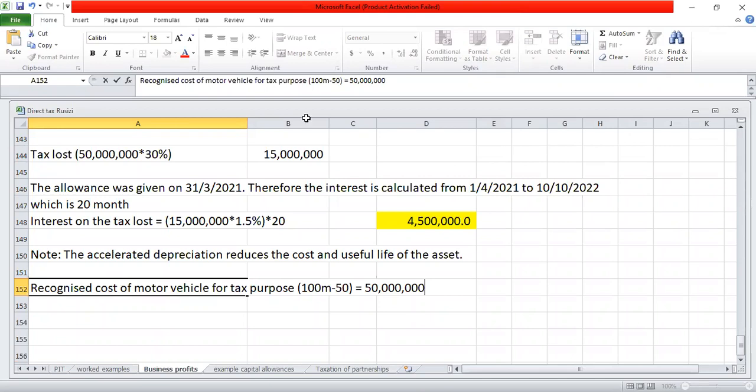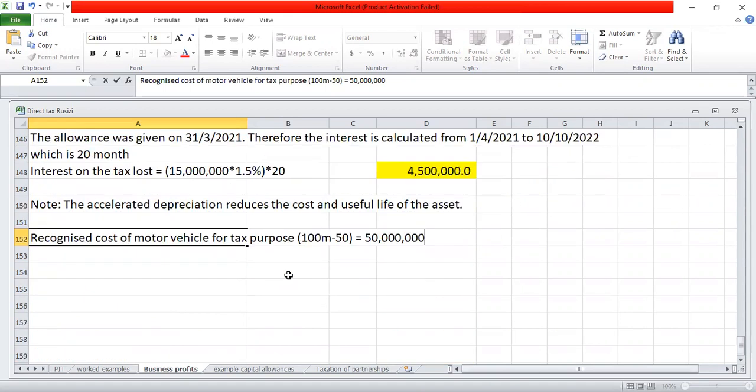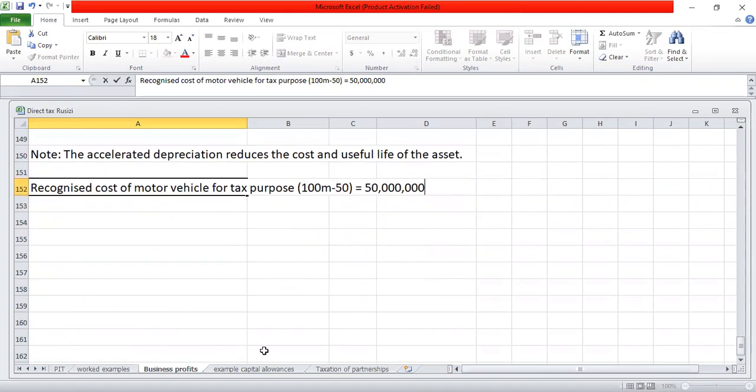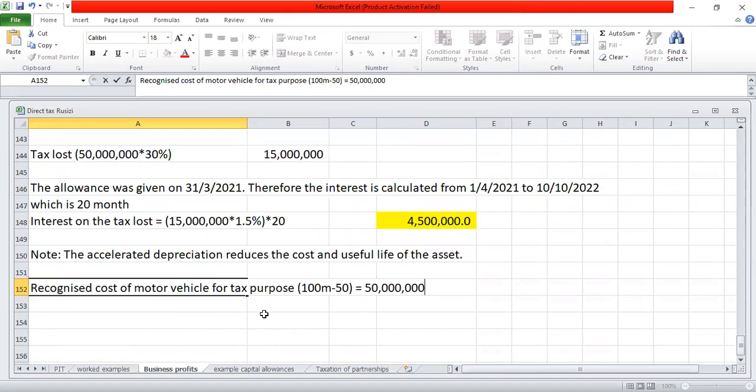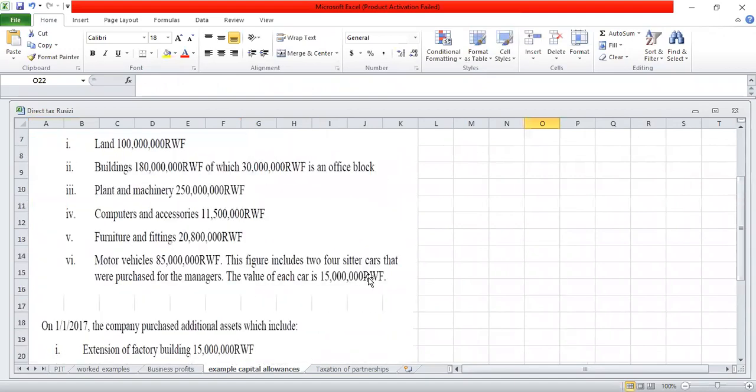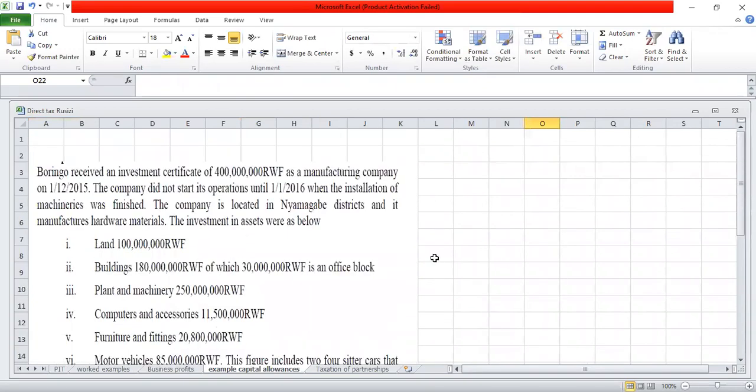So let's look at a simple example on this part, and then we can go on to other parts. This is an example in the notes. You can look at it.